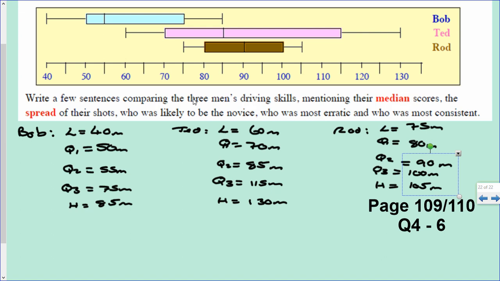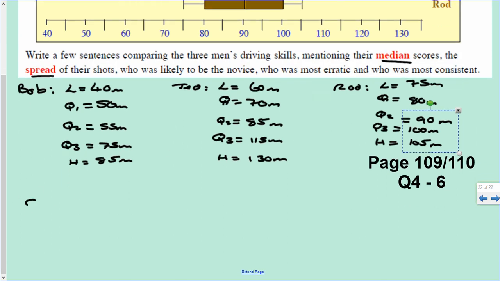Now it's asked us to write a few sentences comparing the men's driving skills, mentioning their median scores and their spread. So here's another example where we're just going to practice writing our comparison sentences. So our medians here, we've got 55, 85 and 90. So we want to use our phrase on average.